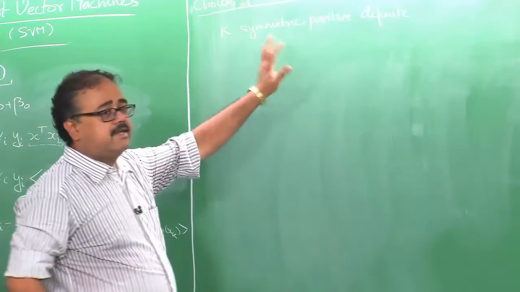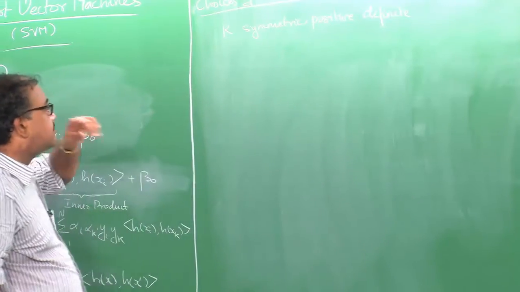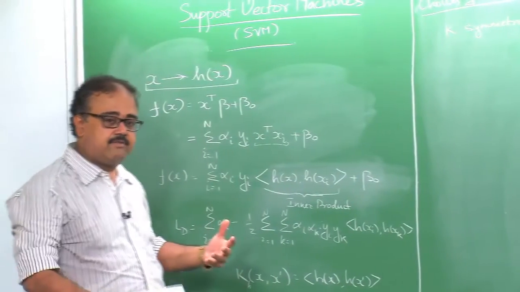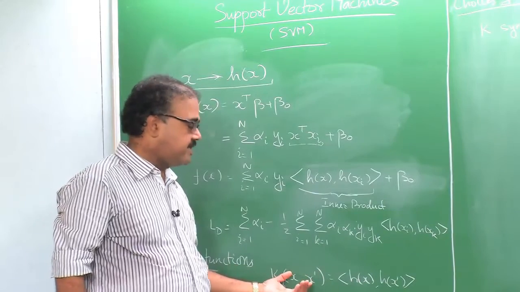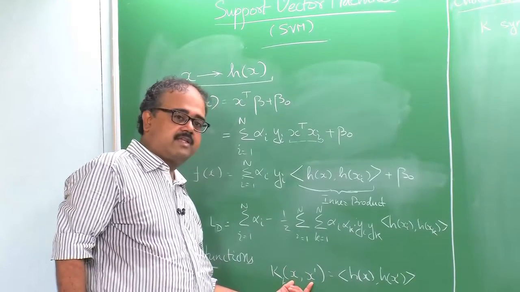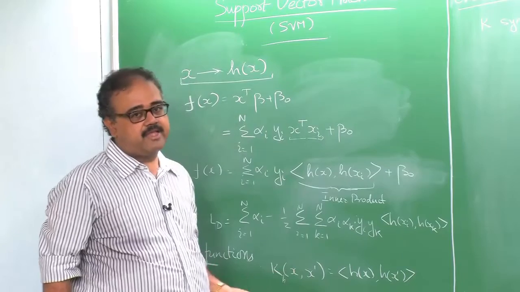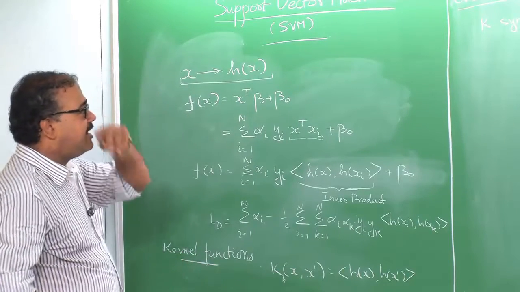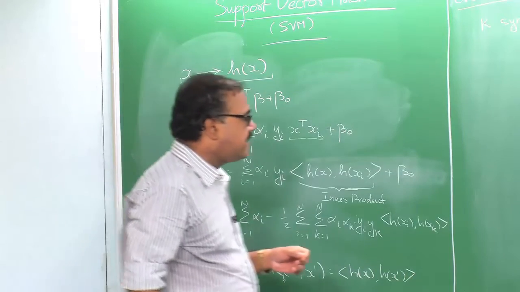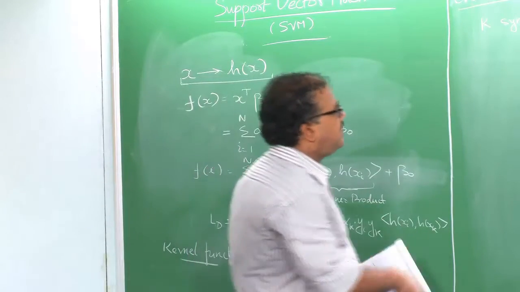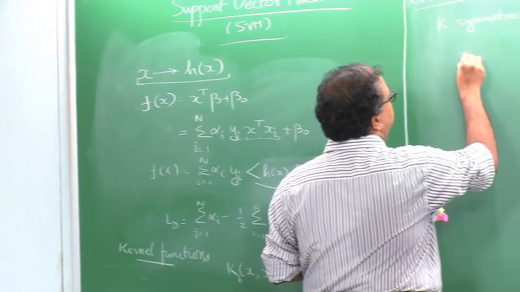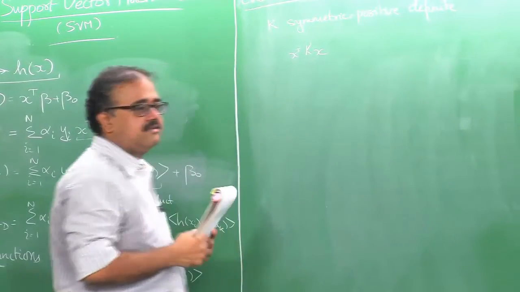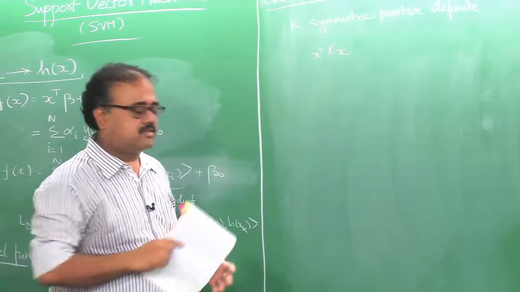If you do not really understand that, k should be symmetric in the sense that the kernel function for x and x prime should be the same as for x prime comma x. And positive definite essentially means that if I take any vector, x transpose Kx should always be positive.